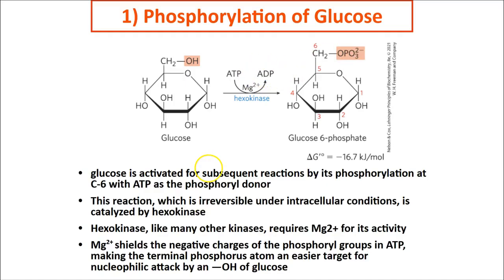And so the magnesium actually shields the negative charges of the phosphoryl group in ATP to make the terminal phosphorus atom an easier target for nucleophilic attack by the hydroxyl group, mainly the oxygen of the glucose.